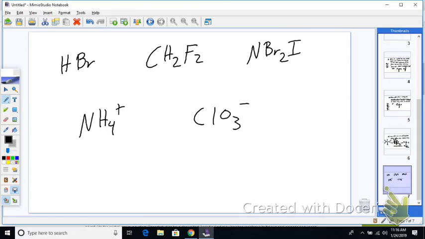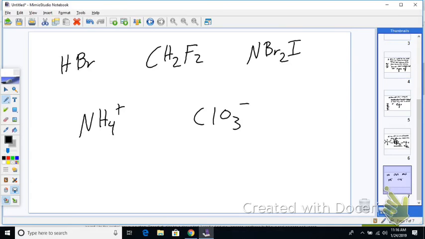Now, if you notice, these first 3 across are neutral. They don't have a charge. These next 2 here have a plus and a minus. The plus means what? Yep, 1 less electron.